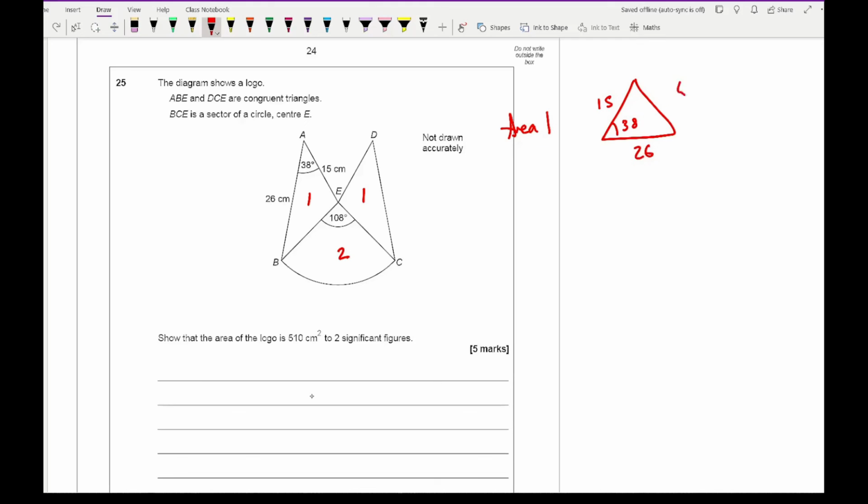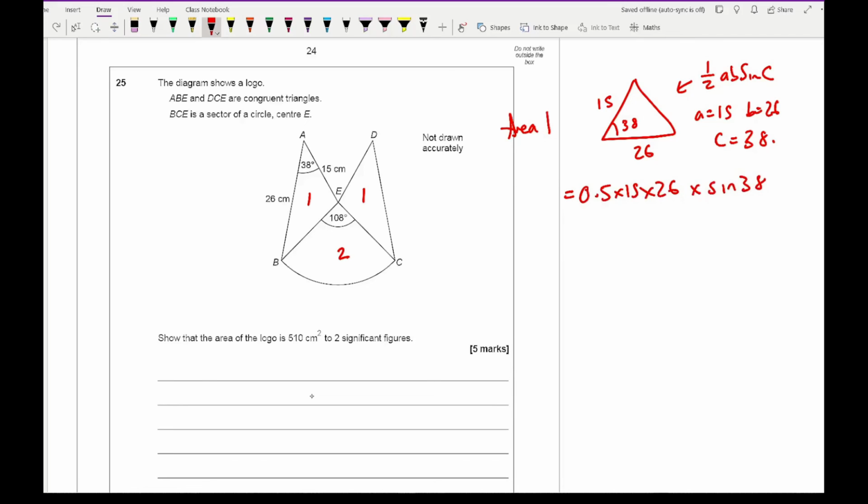Because I don't know the height, I need to use half ab sine C. So a equals 15, b equals 26, and C equals 38. Substituting that in, I get 0.5 times 15 times 26 times sine 38.